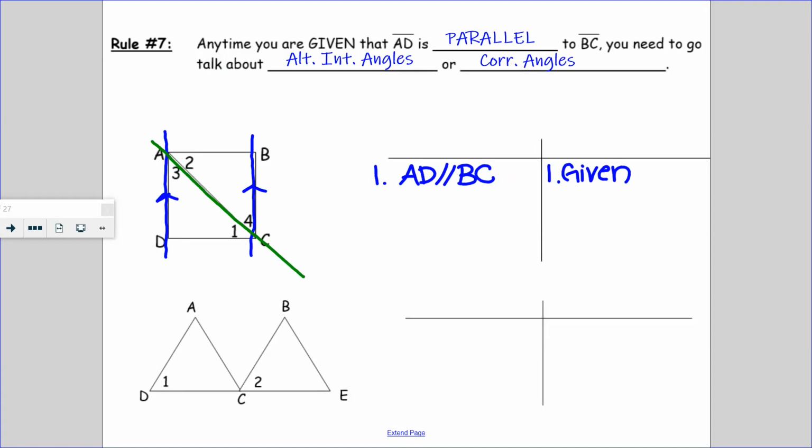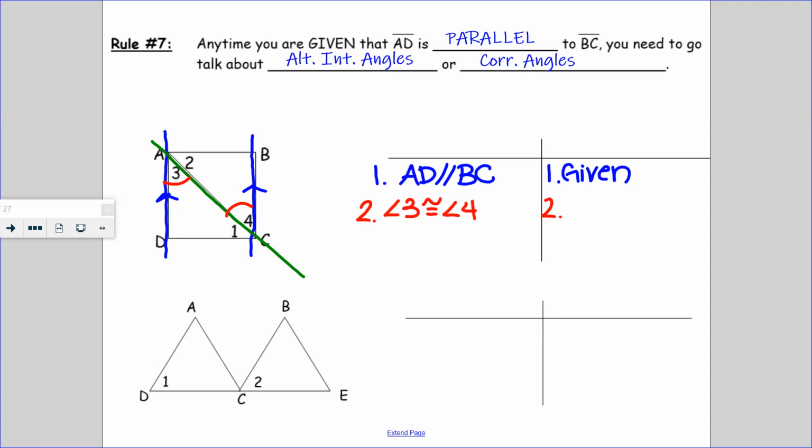And this is the trickiest part, for whatever reason: deciding if we're talking about 1 and 2 or 3 and 4. They have to touch the parallel line and the transversal. Is it going to be 1 and 2 that we talk about in this picture, or 3 and 4? 3 and 4 touch the parallel line and the transversal. So you would then say angle 3 is congruent to angle 4.